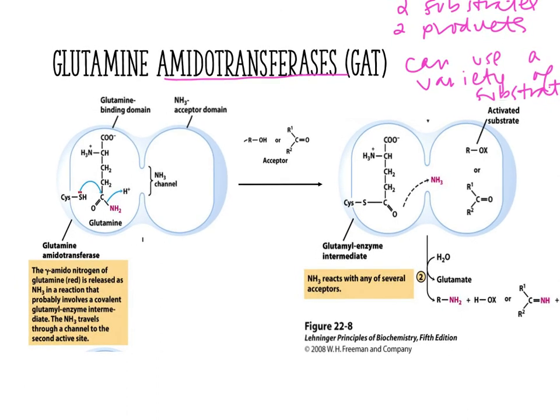Okay. The amidotransferases have 2 main active sites. And we're going to look at these images going left to right. So this outline here is one active site, and this outline here is the second active site. The first one on the left is called the glutaminase site.